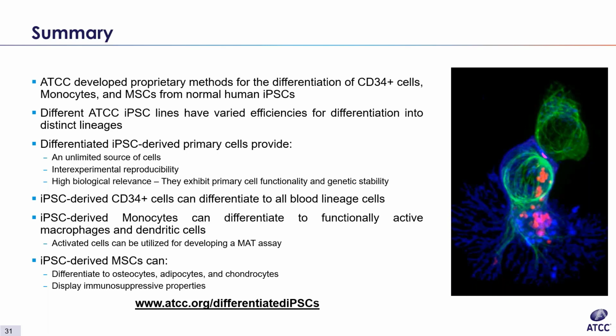Okay, well, that's a good question, but before this talk today, I looked over ATCC's 2019 ISSCR poster. That's the International Society of Stem Cell Research that we presented in 2019.